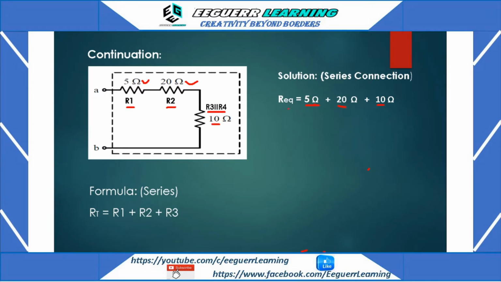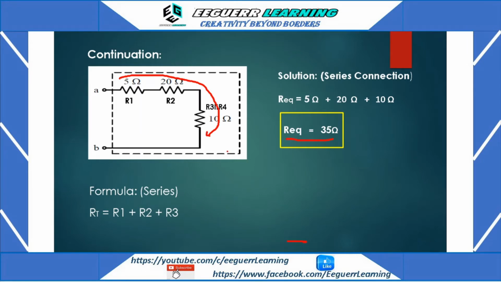Okay, so we can now add this and get the value for the R total. The R total, or the R equivalent for the combined series now, is 35 ohms for this series circuit.